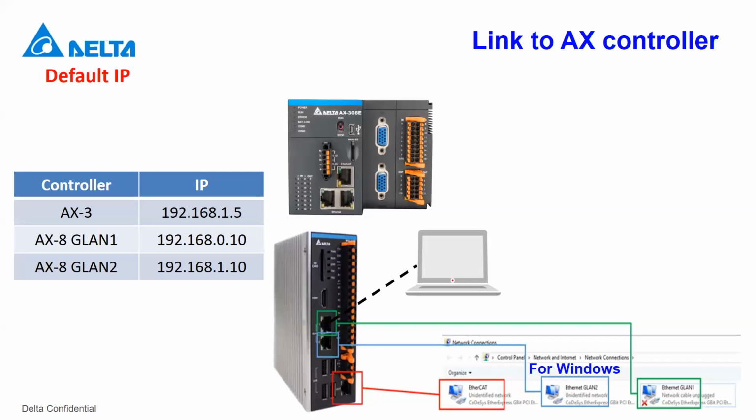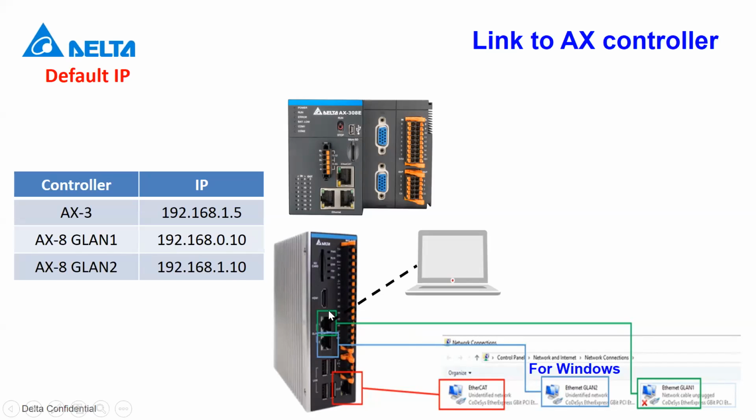Okay, then we'll go to the final topic, linking to the AX controller. So for the AX controller, basically we have only two types. I already mentioned several times. So you can see we have the AX3 and the AX8. For AX8, we have two LAN ports. The first LAN port default IP is 192.168.0.10, and the second is 192.168.1.10.